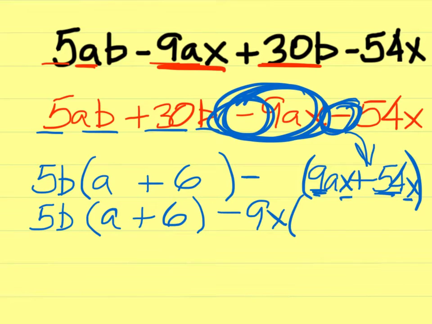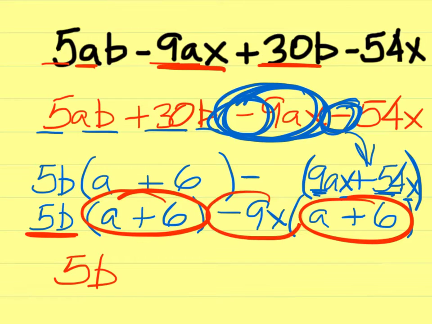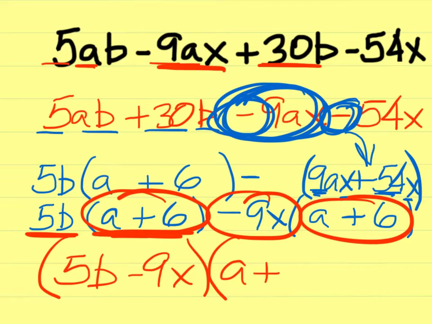So take out 9x and divide both of those by 9x to be left with a plus 6. So we do have the same quantity here and here. So use 5b and the minus 9x, and then just use one of the a plus 6's.